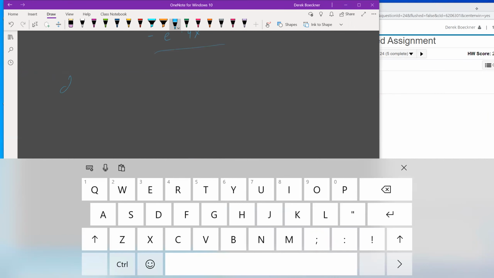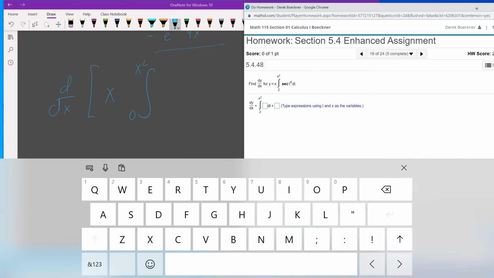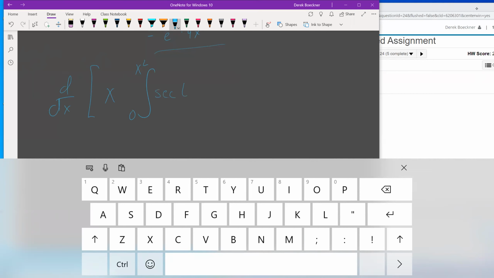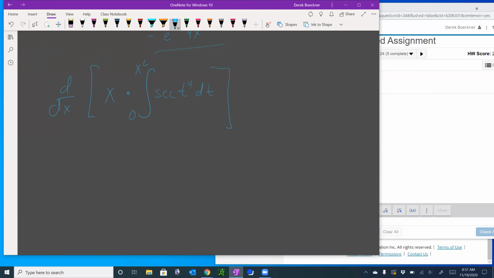I've got d dx of x times the integral from 0 to x squared of secant of t to the fourth. So I've got a product of two functions of x. This is a function of x and this is a function of x, and I'm taking the derivative. So I get to use the product rule.